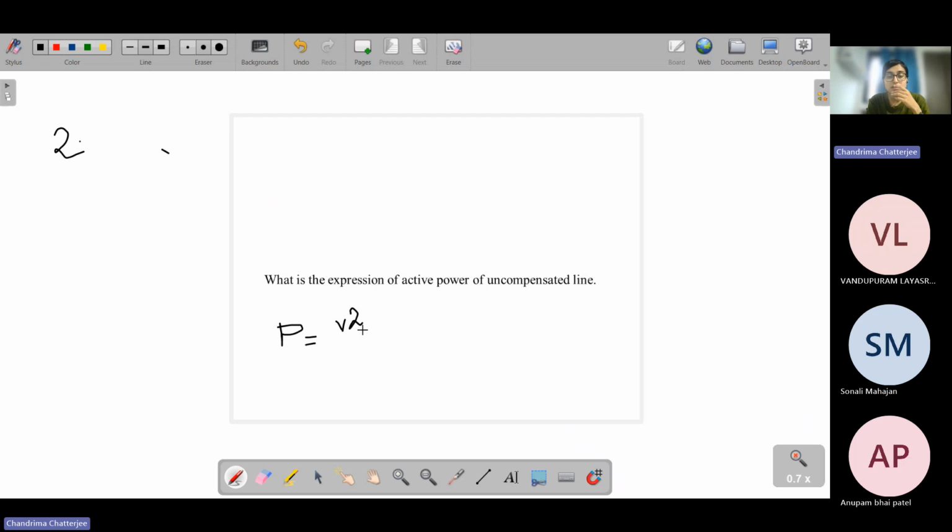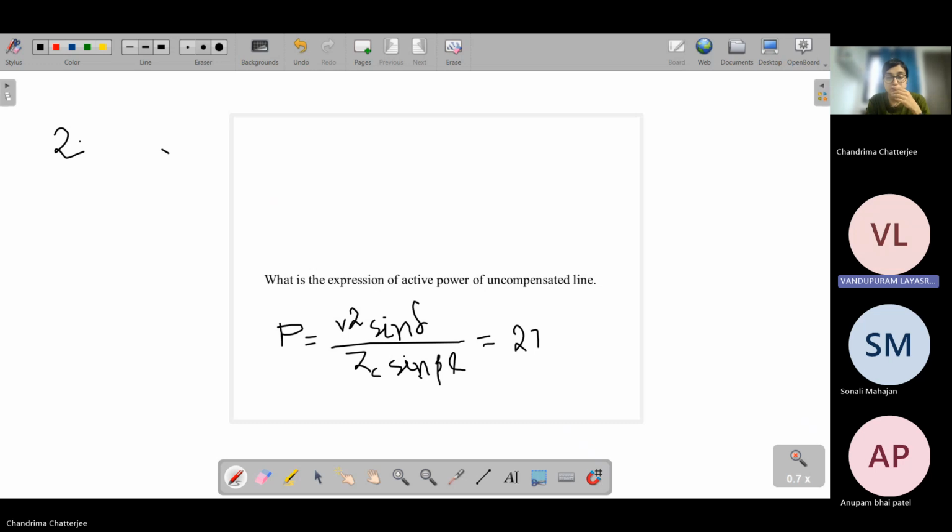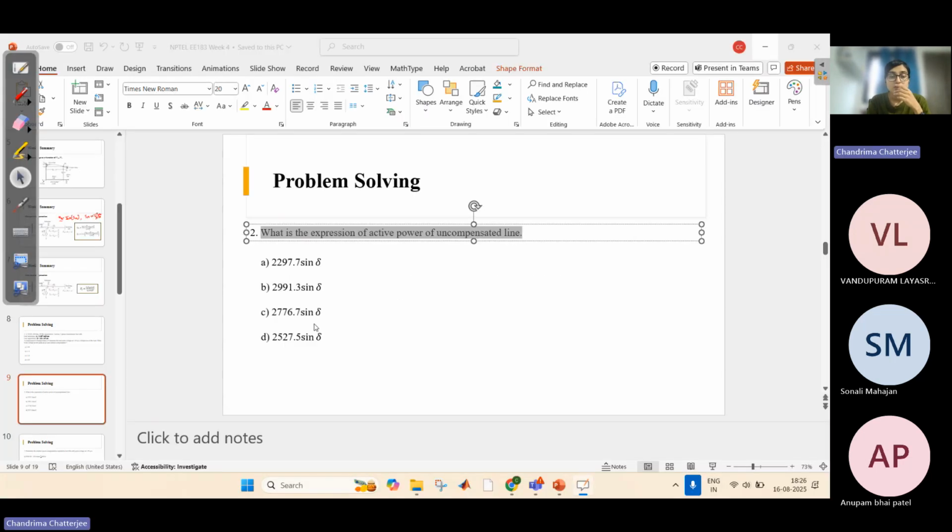So this will be V square sine delta by Zc sine beta L. What was your answer? 2794.62 sine delta. Right. Okay.